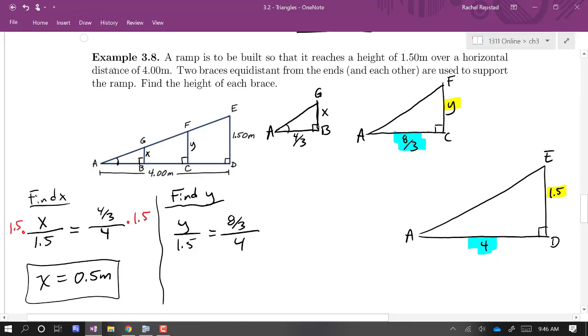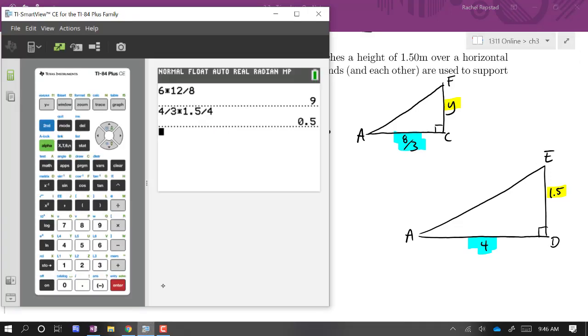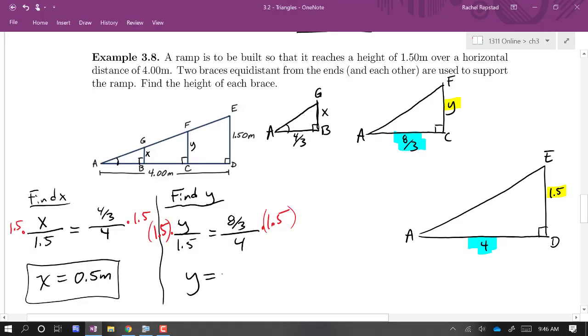And again, we can solve by multiplying both sides by 1.5. All right, 8/3 times 1.5 divided by 4 will be 1. So 1.0 meters.